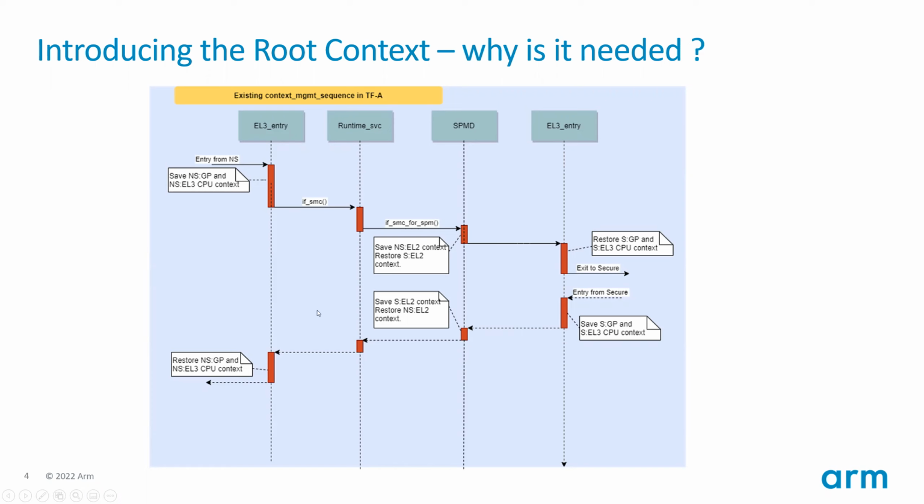Now, this is not a big issue, but we think it's better for robustness and for a predictable execution environment at EL3, for EL3 to have sysreg values that it knows is needed for EL3 execution.